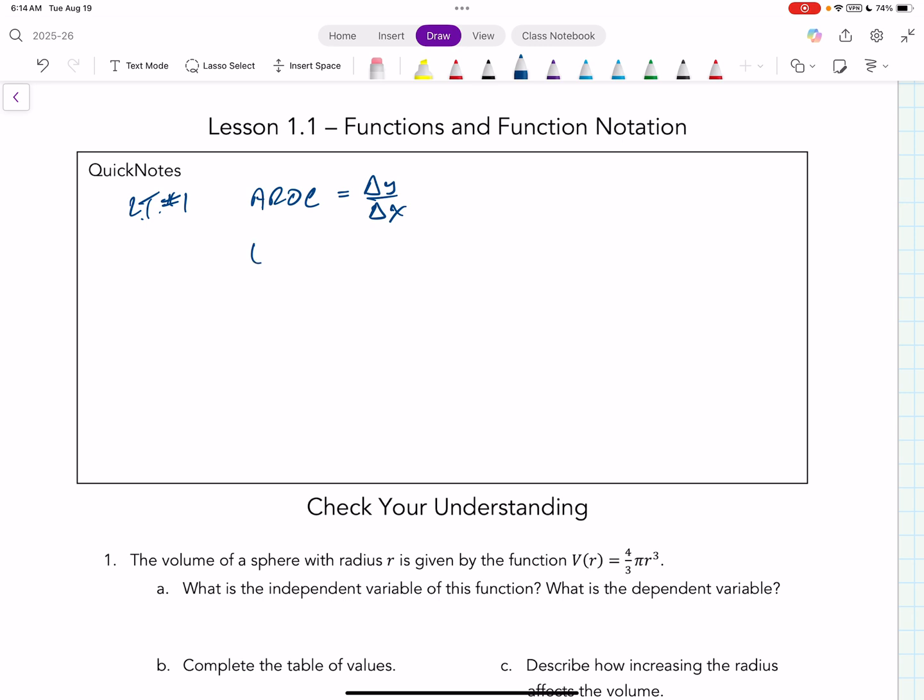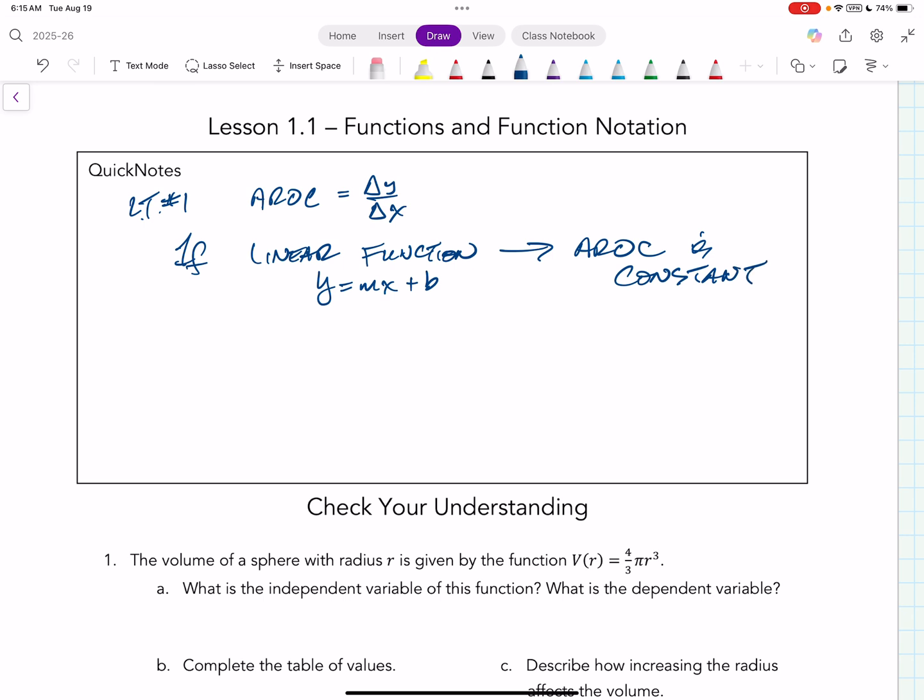So if it's a linear function, which as we reviewed is y equals mx plus b, the average rate of change, AROC, is constant. It doesn't change on any interval.